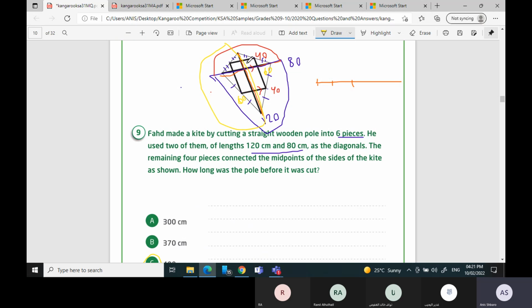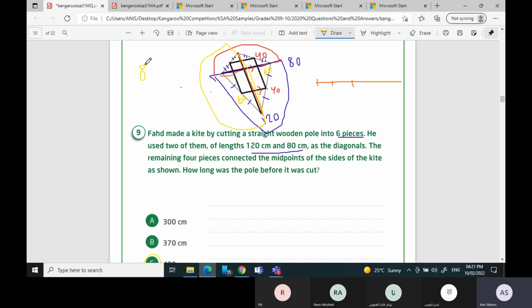Okay, so small revision, we used the midpoint theorem here, and we proved that this side is equal to half this side, and this side is equal to half this side. So of course this side plus this side are equal to this side, and I made the same on this triangle. This side equal to half this side. So this side plus this side equal this side.